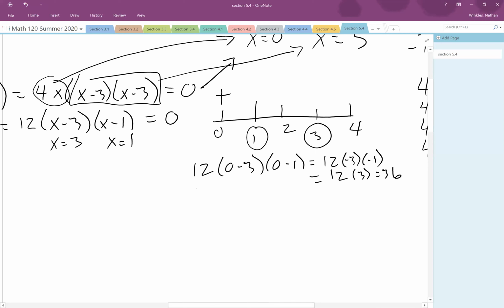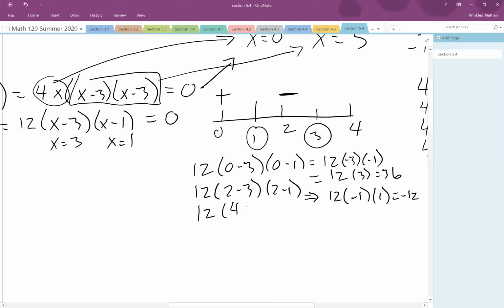Plugging in 2: 12 times (2 minus 3) times (2 minus 1) gives me 12 times -1 times 1, which is -12, so it's negative. 12 times (4 minus 3) times (4 minus 1) gives me 12 times 1 times 3, which is 36, positive.